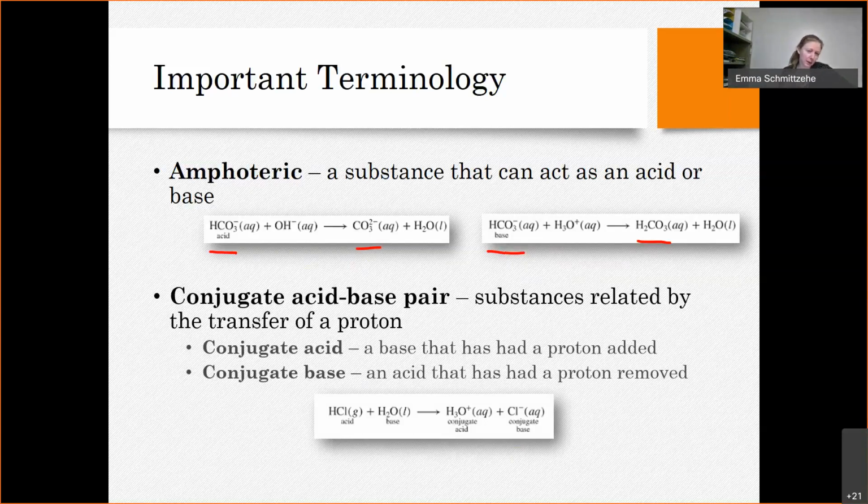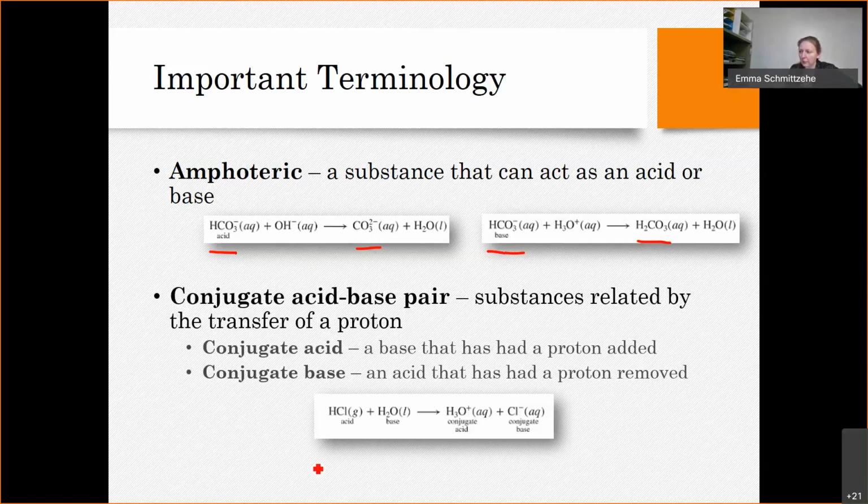Remember, anytime we use the word proton, we mean H plus. If we call something a conjugate acid, that's a substance that was a base and now has an extra H plus on it. If we call it a conjugate base, it's the acid that now has one less proton.